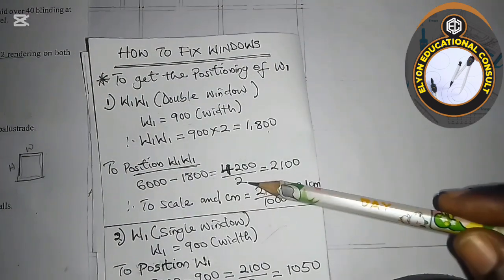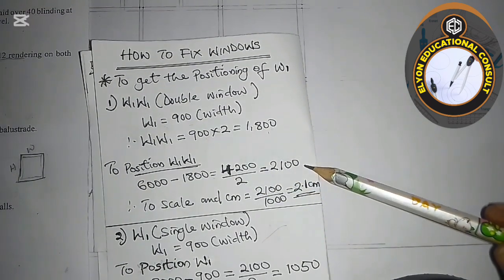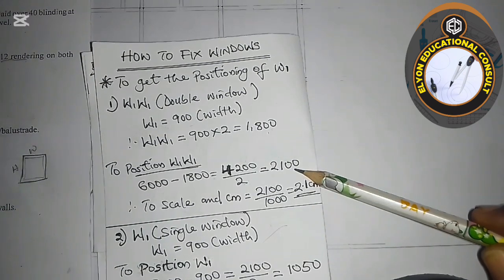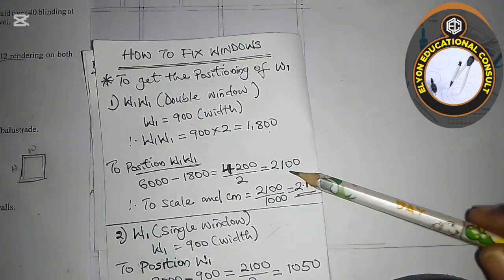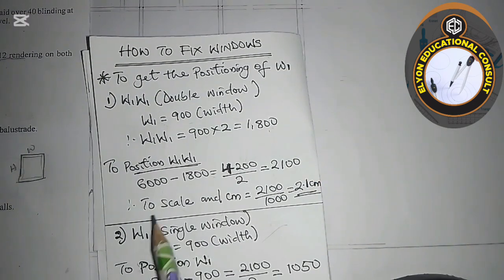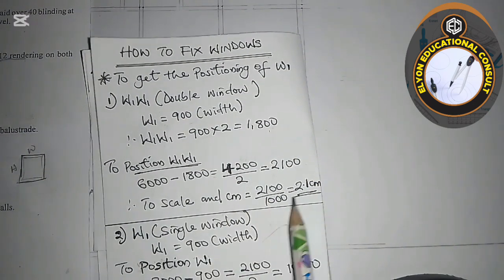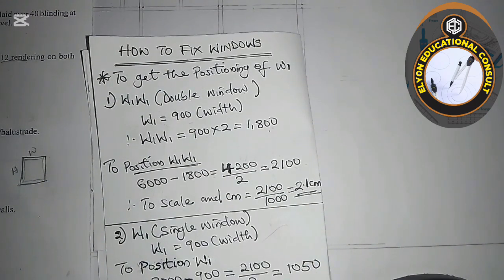If I divide it by 2 now, I'm going to be having 2100 in millimeter. This 2100, don't forget that we are drawing to scale 1 to 100, and I've explained that in my introduction. So we're going to be saying to scale and centimeter, so I divide by 1000. I'm going to be getting 2.1 centimeter because I'm using the centimeter rule.